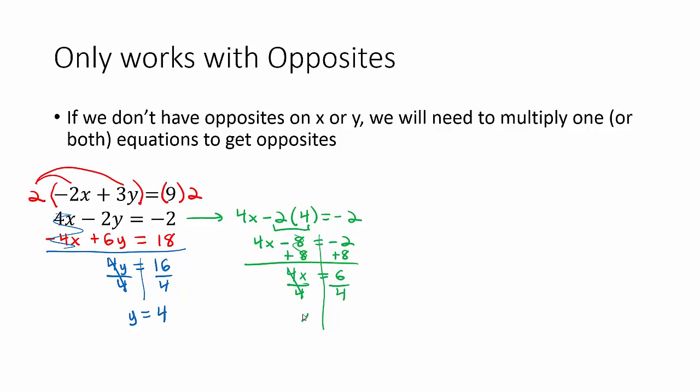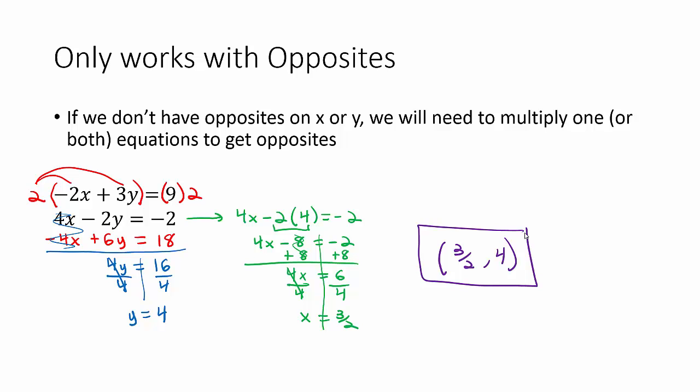Divide by 4, and x is equal to, if I reduce that fraction, 3/2. And so x comma y, 3/2 comma 4 is the solution to the system of equations.